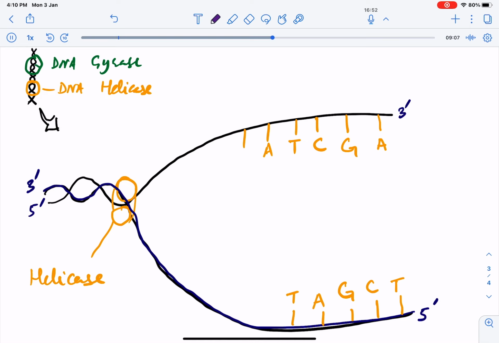DNA would obviously have the specific order of these nucleotides on each strand, and the other strand would have complementary to that. But at this point, you do not need to learn some specific order of these bases on a DNA molecule. So I'm just writing it randomly, but complementary on both of the strands.